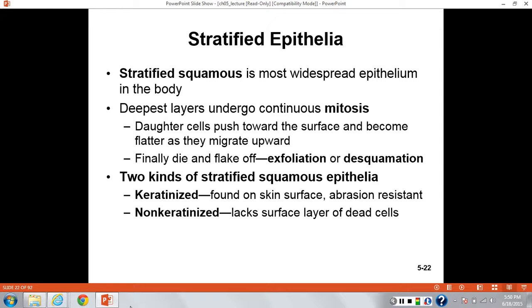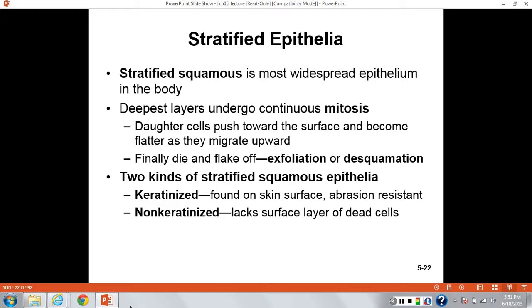Non-keratinized tissue. Where do you find that? Well, now think about it. Let me ask you this.